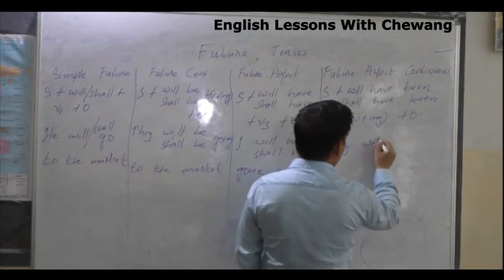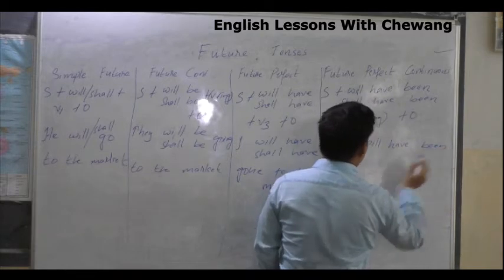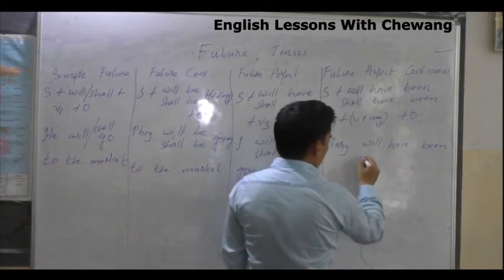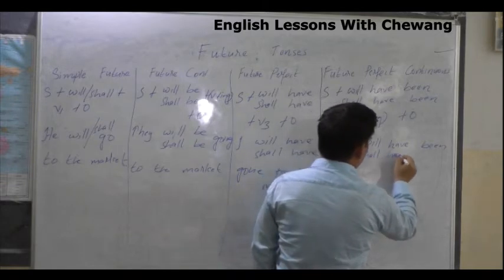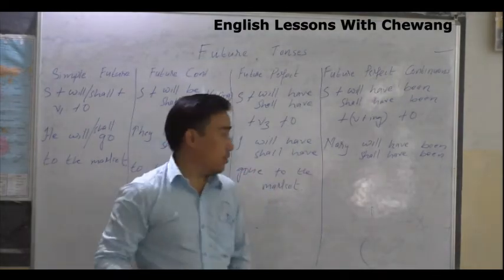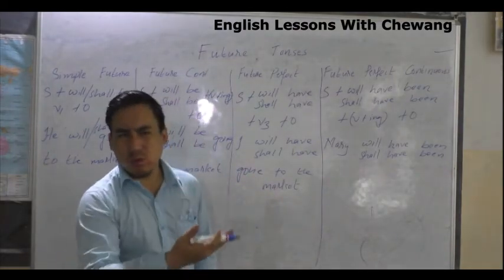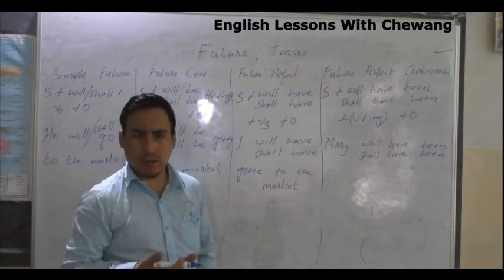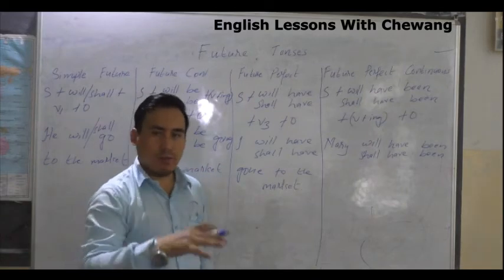Mary will have been, or shall have been. Mary will have been, Mary shall have been. Use will instead of shall. Okay, but remember there is no rule which says you should avoid shall at all costs.